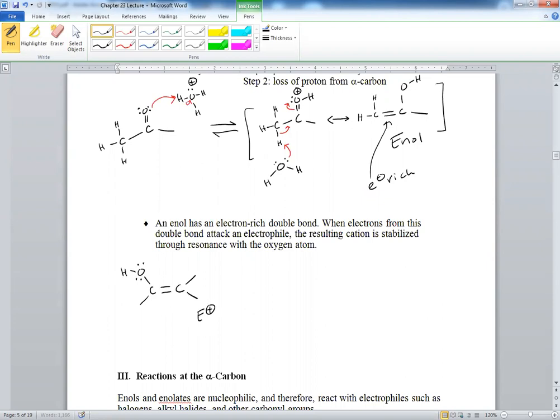All of these are, again, the general mechanisms. We're going to see them more specific as we learn about the reagents we're going to use. So you should know that these electrons come down as well.